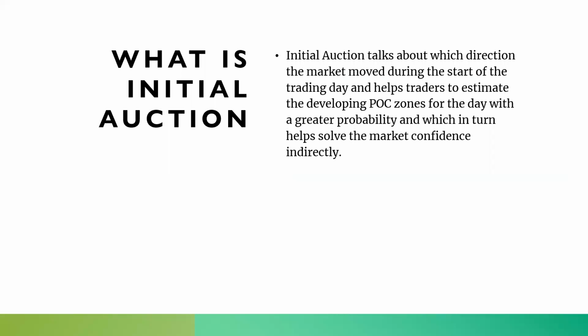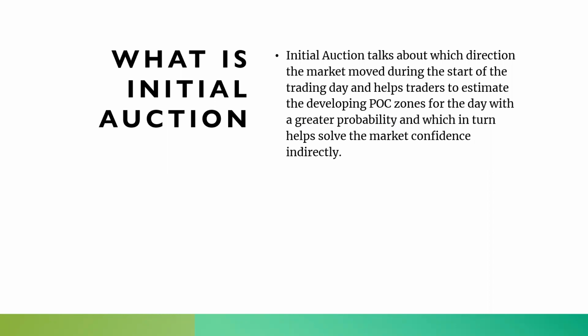So first of all, what is initial auction? Initial auction talks about which direction the market moved during the start of the day. Price opened and then it started moving at letter A period or B period or C period. We need initial auction to estimate where the point of control is likely to develop.